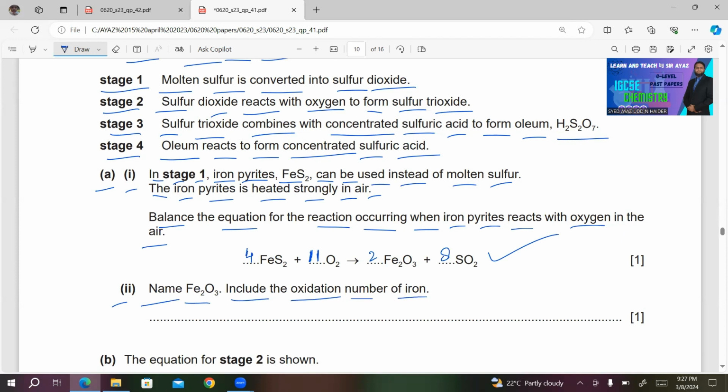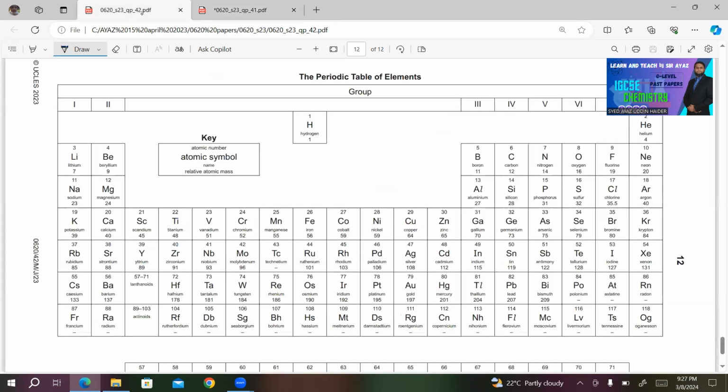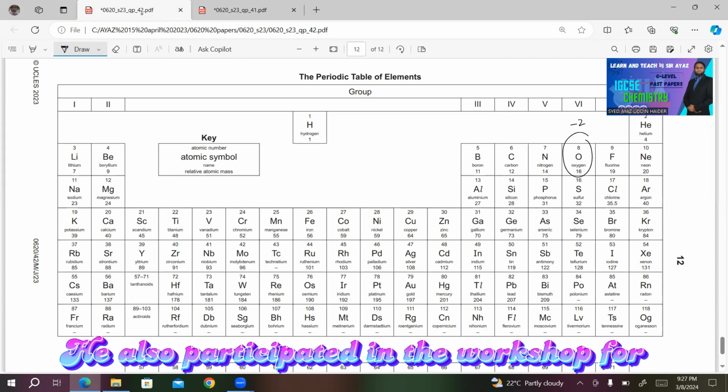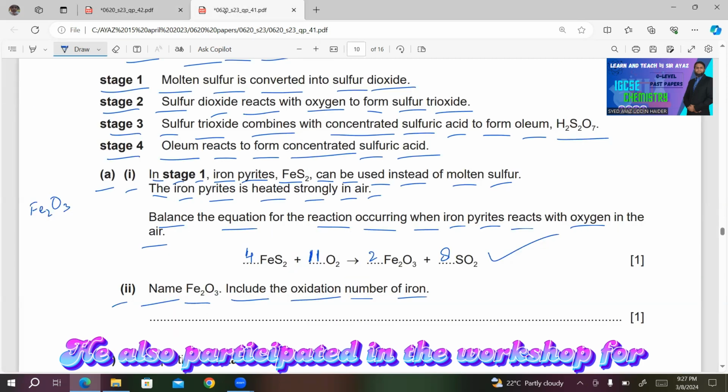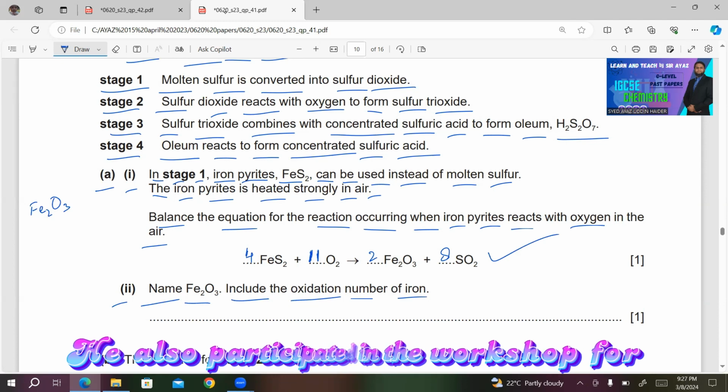Okay, number 3, name Fe2O3, include the oxidation number of iron. What is the oxidation number of iron in Fe2O3? Looking at the position of oxygen, it must be carrying -2, as it is more electronegative than iron. So I know the oxidation number of oxygen, and I can use it to find the oxidation number of iron.